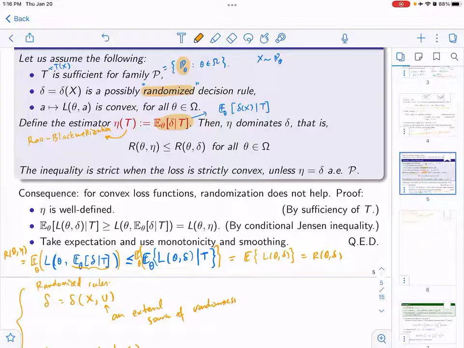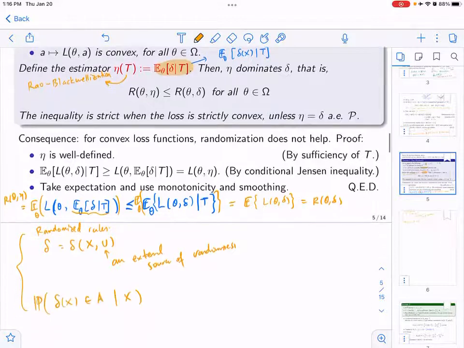The value is random, but the decision rule is the functional relation. If you want to think of that, there's no need to condition. This is just the value of the decision rule at the current observation, but the decision rule itself is a deterministic rule. Here, the decision rule is a randomized rule. Does that make sense?